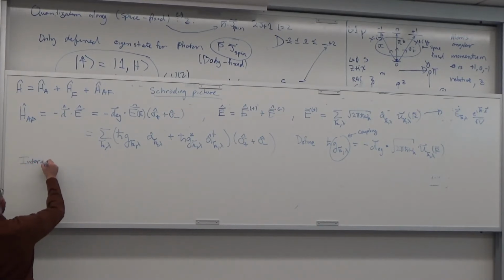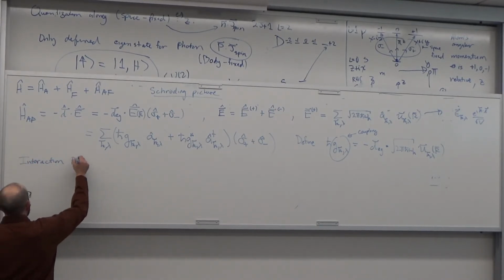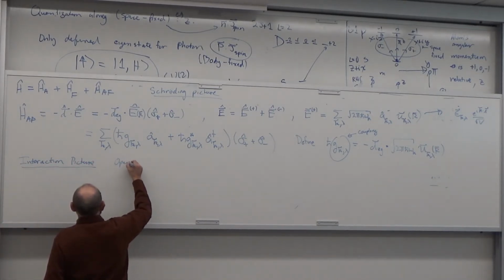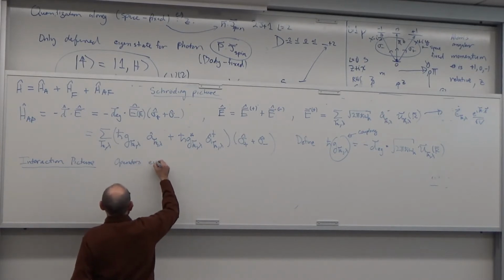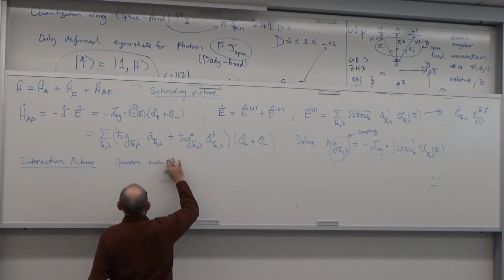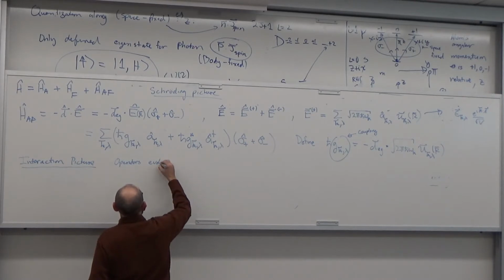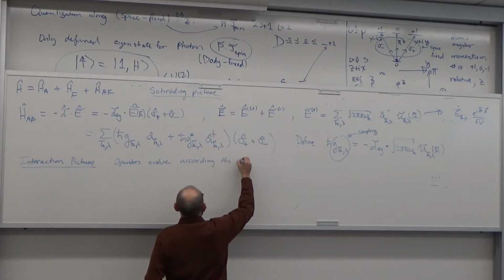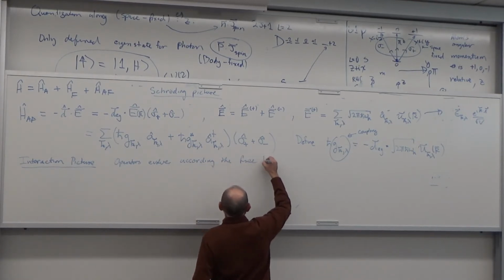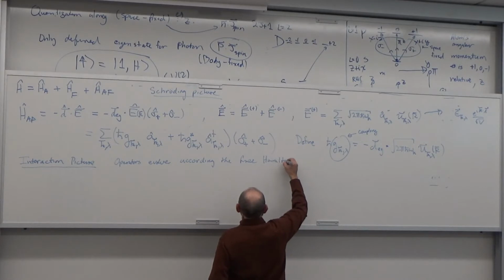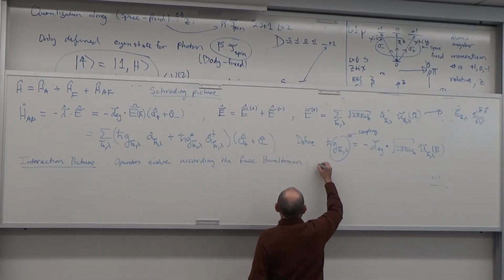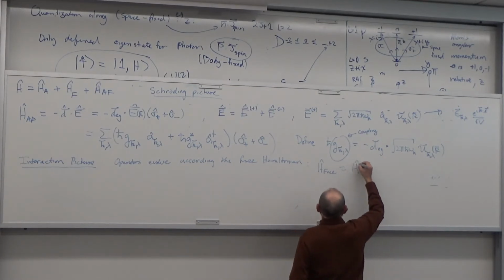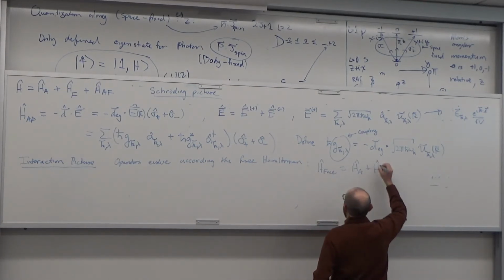So you may remember in the interaction picture, operators evolve according to the free Hamiltonian. In this case, the free Hamiltonian is the free atom and the free field uncoupled from one another.